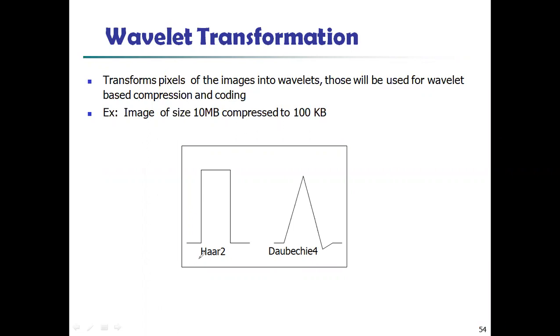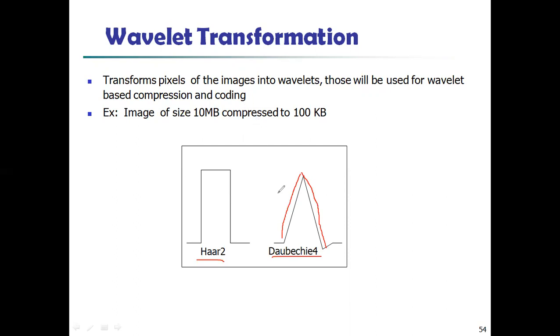This is developed by the HAR2 kind of signal. This is the HAR2 representation of wavelet transformation, and this is the WG4 representation. Till now we have discussed only this kind of representation, which is like a pyramid shape.